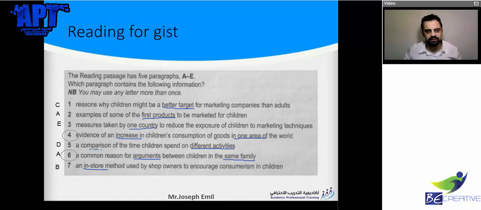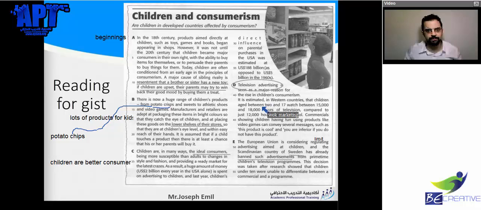Evidence of an increase in children's consumption of goods in one area of the world. Increase in children's consumption. Let's take a look here at: today children are often conditioned from an early age, consumerism, lots of products are for kids. What about children are better consumers? An increase.